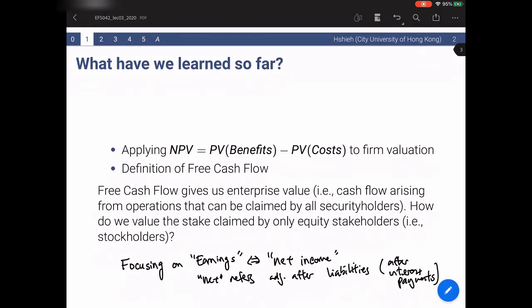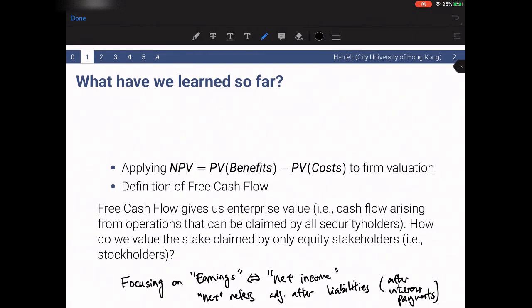All right, and then finally on this slide, let me also emphasize that enterprise value is referring to the value of the entire firm, meaning all stakeholders or owners.